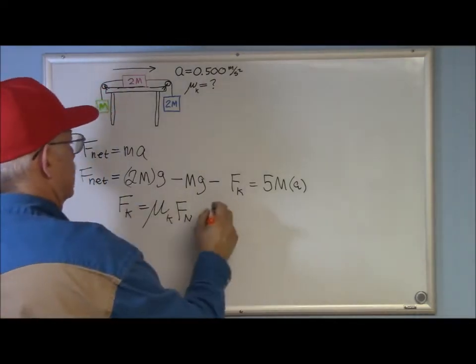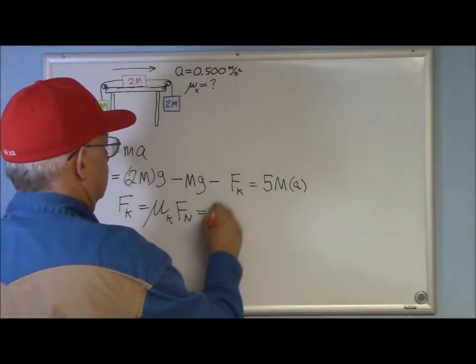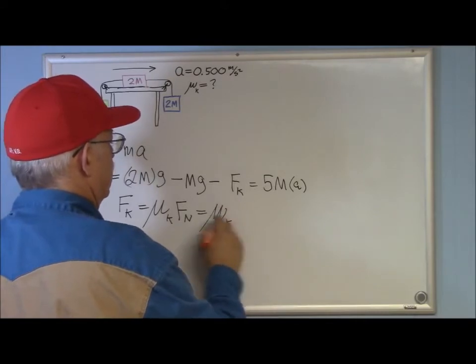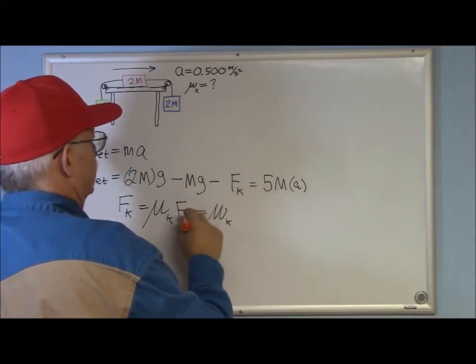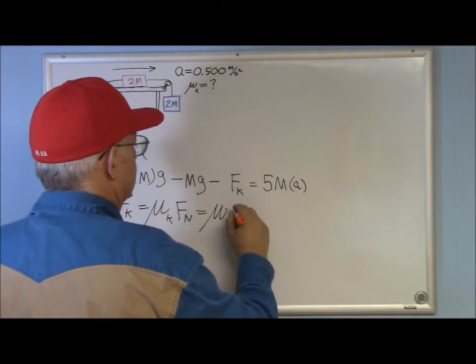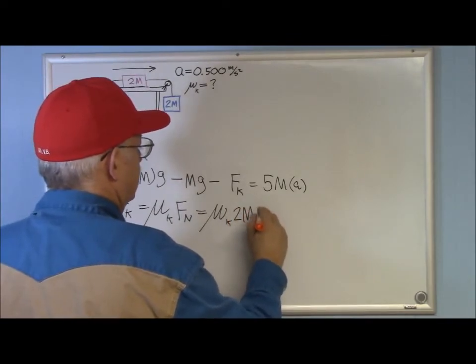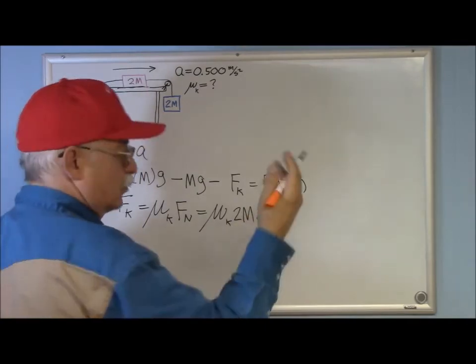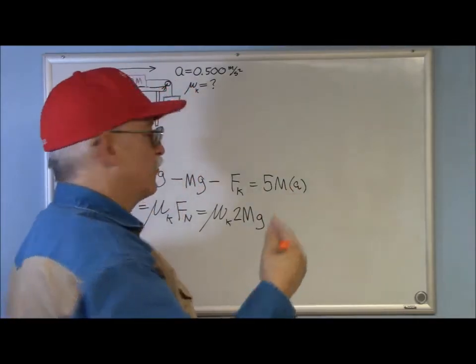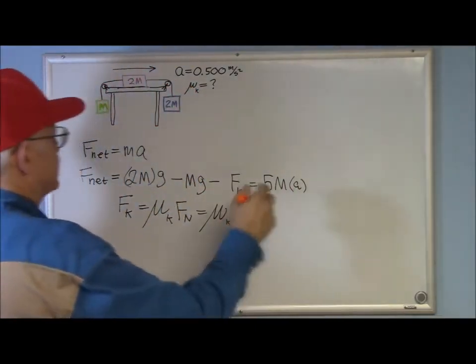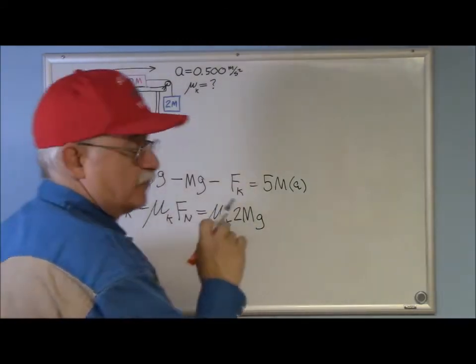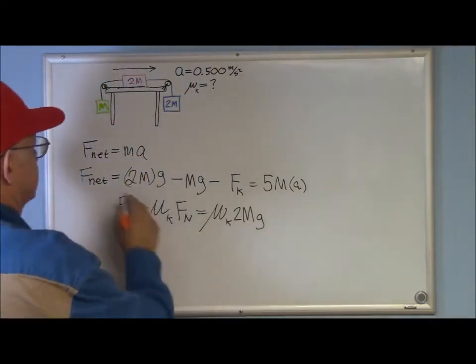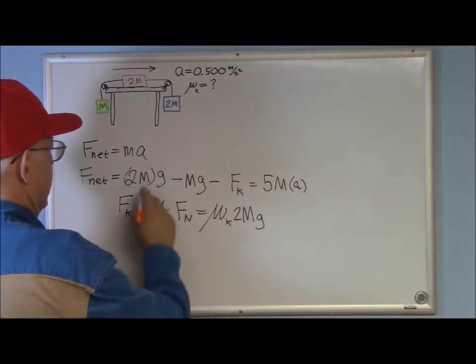So we can call that mu sub k times the normal force, which is really 2m times g. 2mg would be the weight of the box, while the normal force is the opposite. Okay, so we can substitute this in for the kinetic frictional force into this equation.